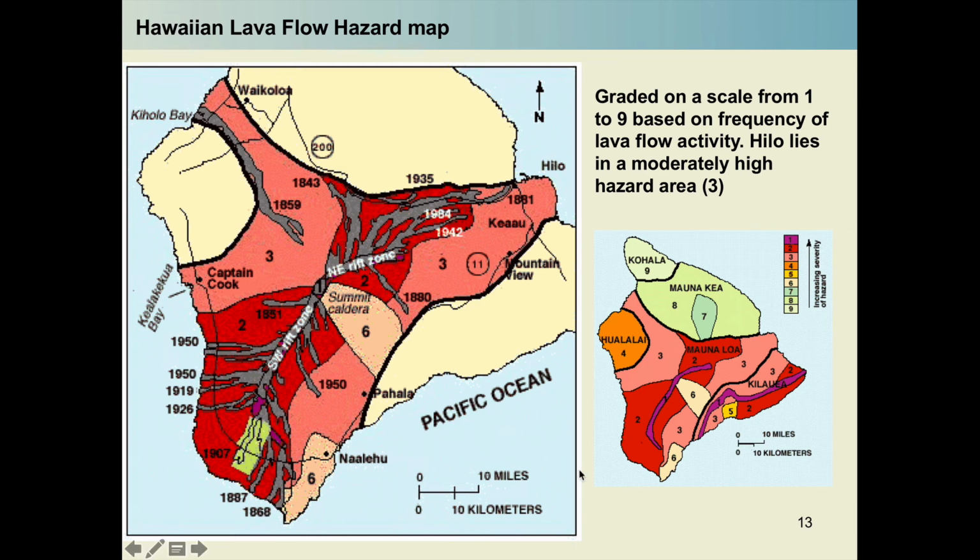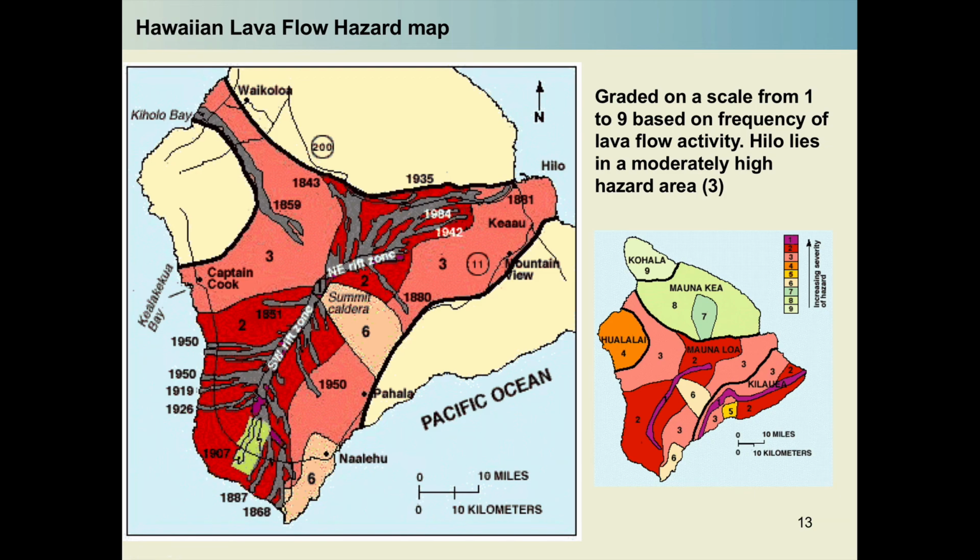So this hazard map is pre-2018, but it shows you different hazard zones based upon the frequency of recent eruptions from Hawaiian volcanoes. Hilo is located here. It's in a moderately high hazard area and it's actually at risk from lava flows primarily from Mauna Loa.